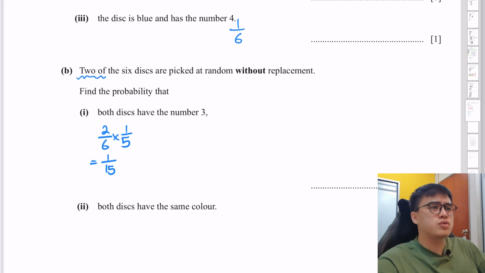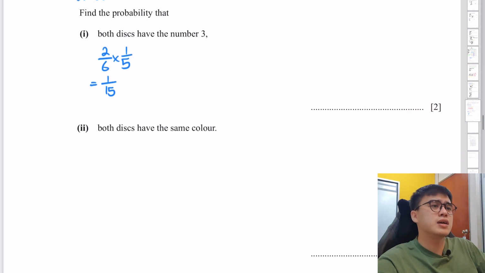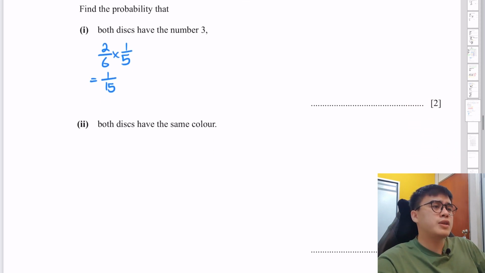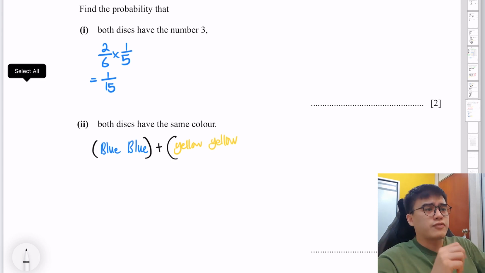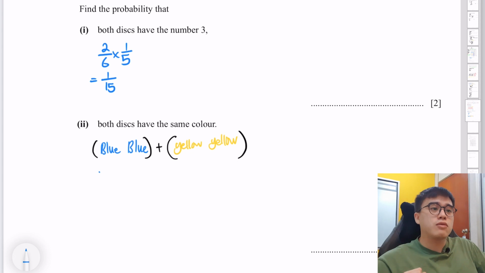And for part 2, both discs have the same color. So the only combinations that I can get from the top will be blue and blue plus yellow and yellow. So for blue disc there, I have a total of 3. So I took 3/6 times, after one blue disc was taken out, I only have 2/5 left.